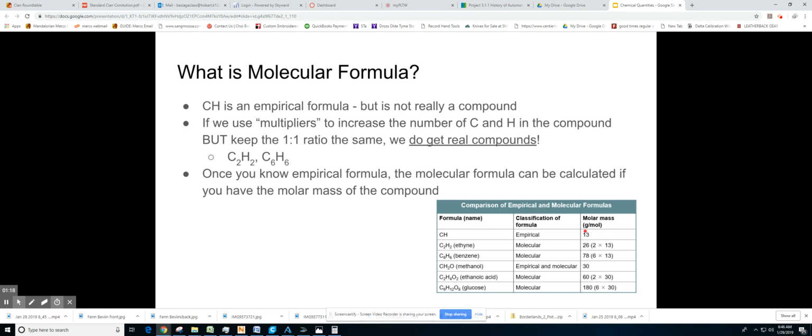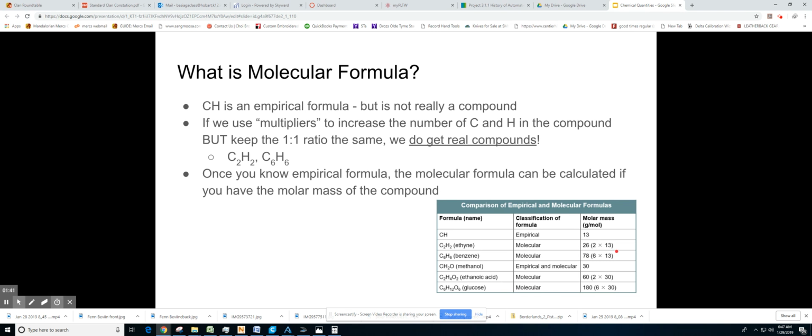If I make the molecular formula of C2H2, so I've multiplied both elements by 2, all I've done is multiplied my molar mass by 2. Same thing with C6H6. I have 6 carbons and 6 hydrogens, so I've multiplied both by 6, which means my molar mass has gone up by times 6, okay?